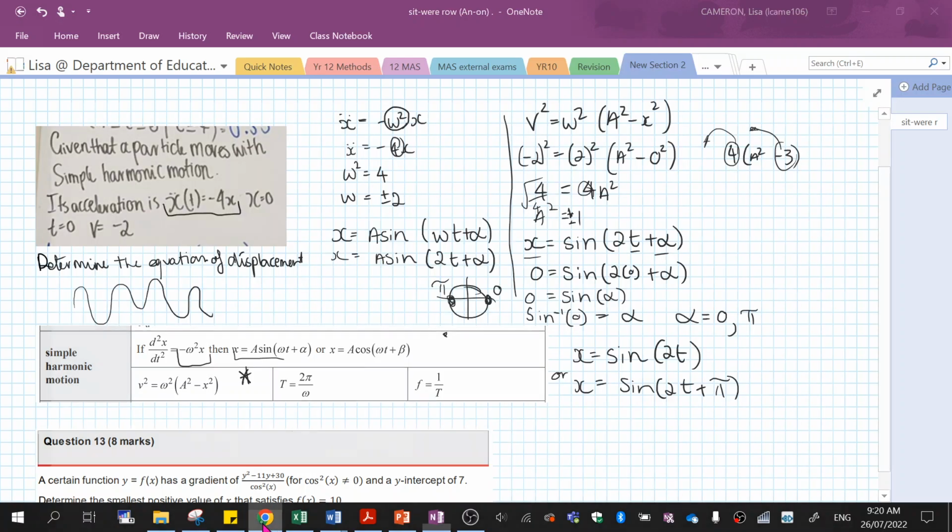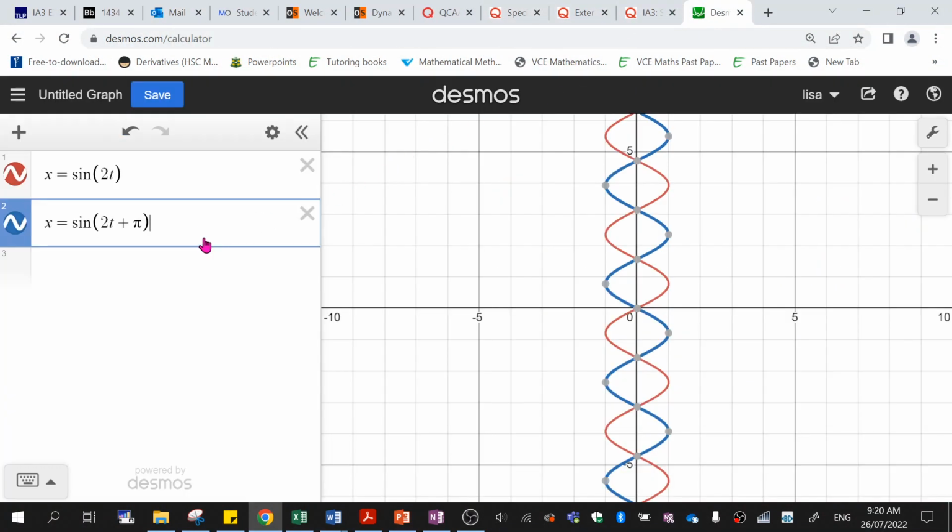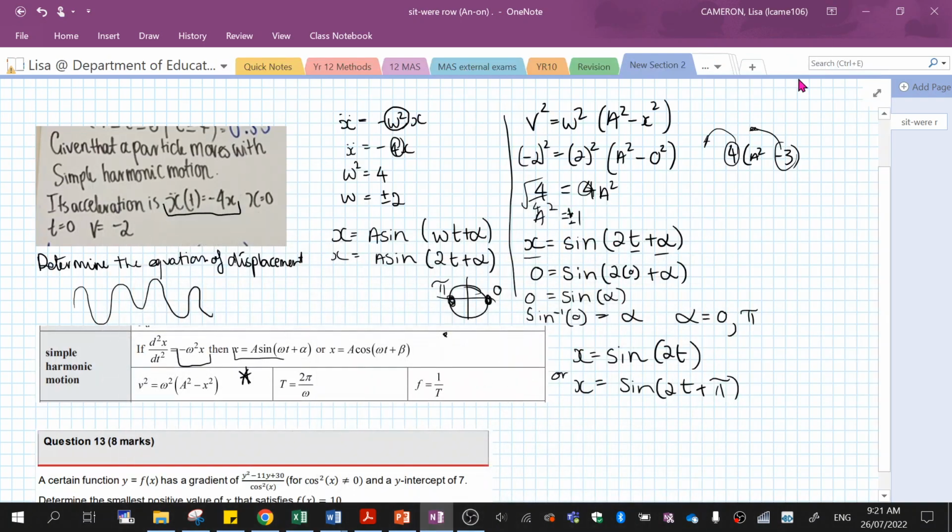If I go to Desmos here, you can see that they're shifted by their phase shift. So currently, I don't have enough information to say which one is which, because getting an answer of negative 1 is very different to getting an answer of 1. Okay, so we're going to have to check.